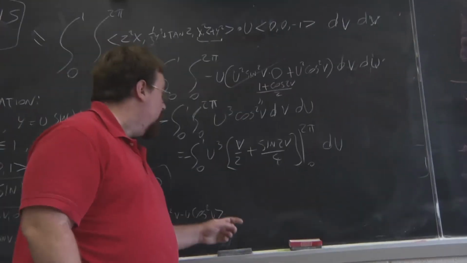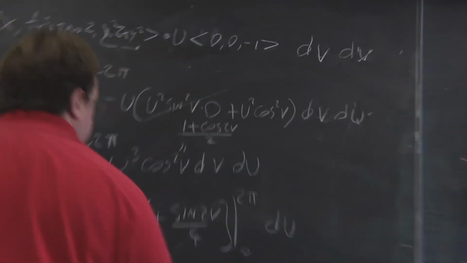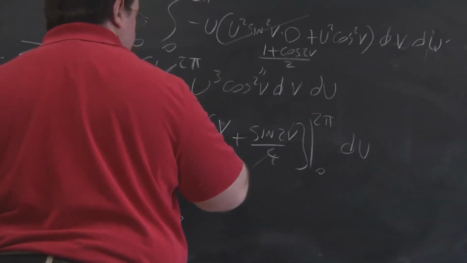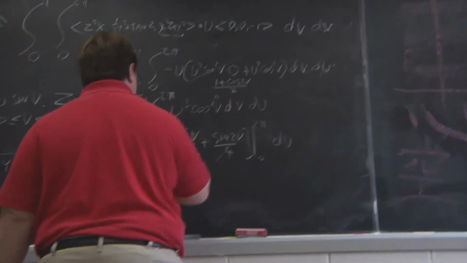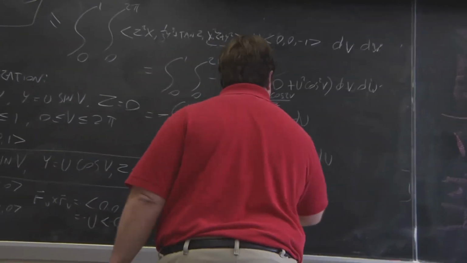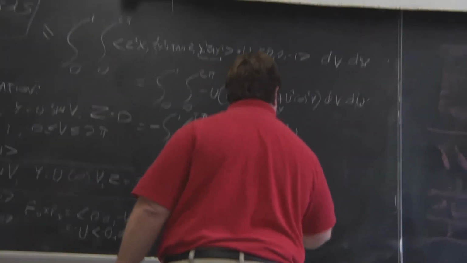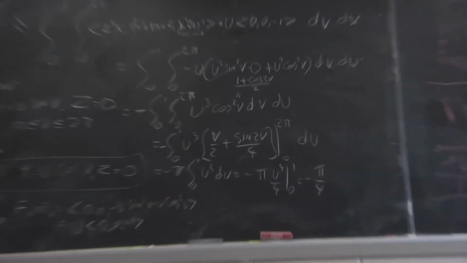Now, when we plug in 0 and 2 pi, the sine term is just going to be 0, nothing going on there. And then we have 2 pi over 2, so that's just going to give us pi. So now we're going to have minus pi, integral from 0 to 1 of u cubed du, so minus pi, u to the 4 over 4 from 0 to 1 is minus pi over 4.